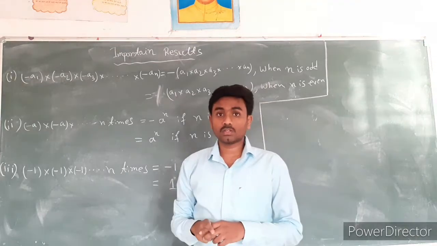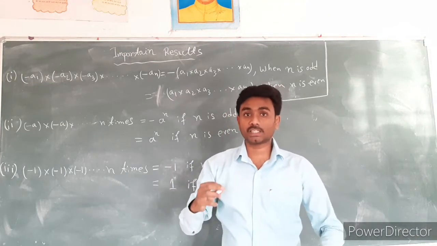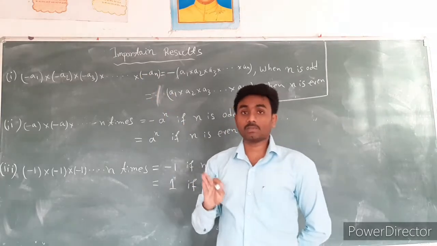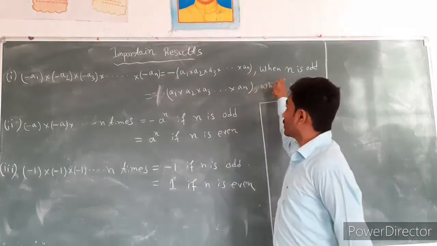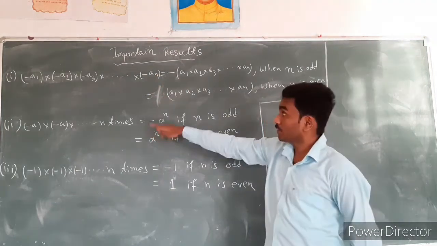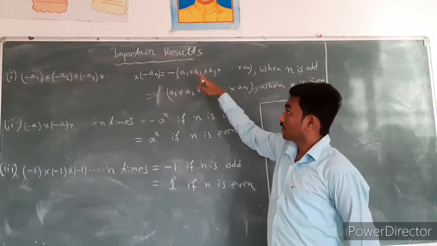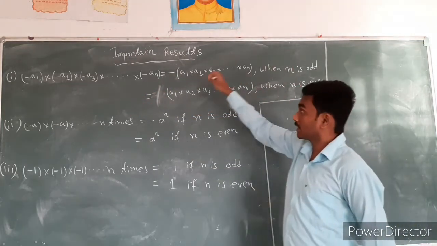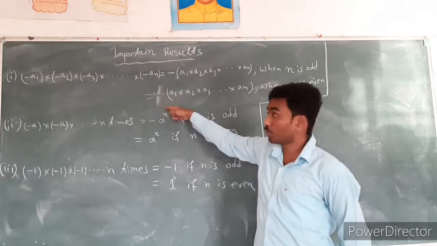Next, we count the number of negative integers. If the number of negative integers is odd, then we take a negative sign before the product. If the number of negative integers is even, then we take a positive sign before the product.